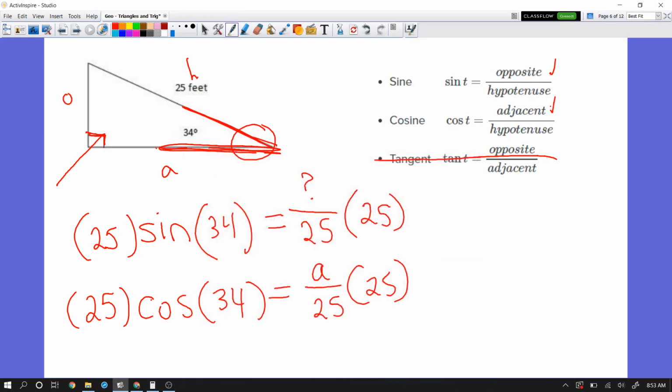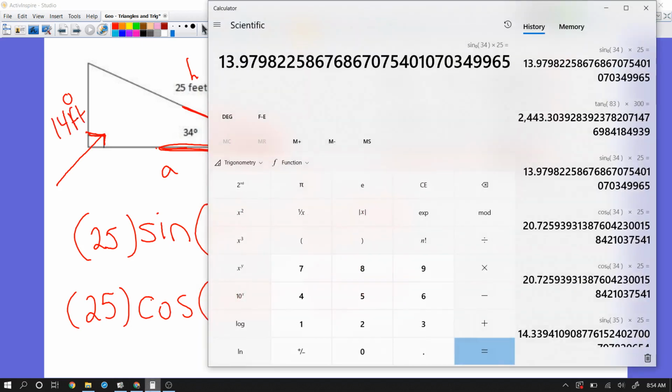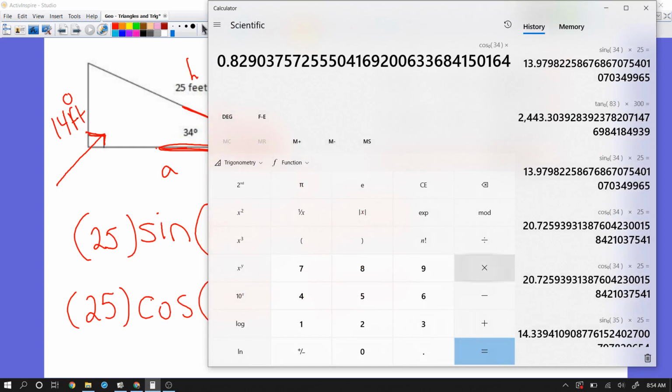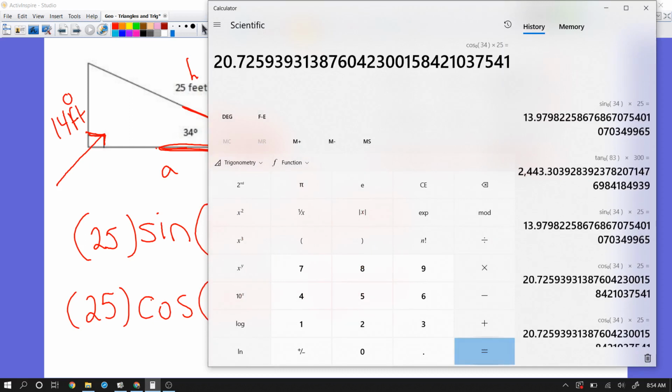So what we can do is say that our sine 34, that was the opposite. Opposite is about 14 feet. Okay? Let's look at the cosine. 34 degrees cosine times 25, just like we have written, is about 20.7.